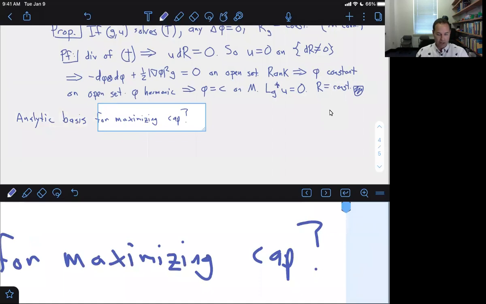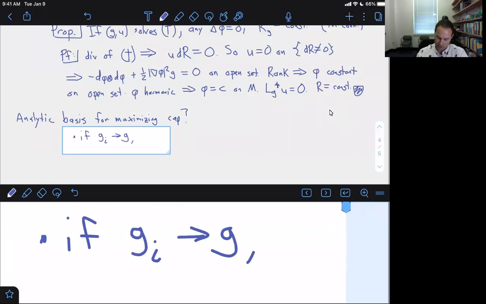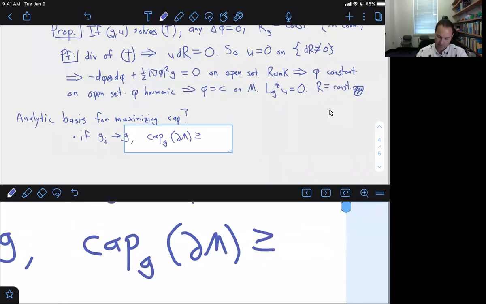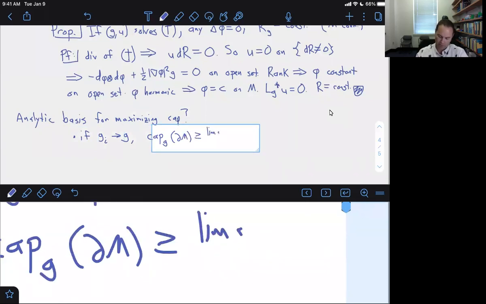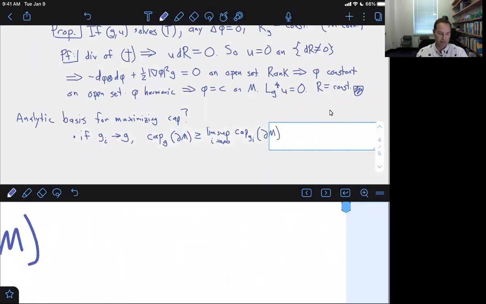So what you really want is the capacity to be upper semi-continuous. So the question is if g_i goes to g, is it true that the capacity at the limit is bigger than or equal to the lim sup of the capacities? That's the direction you'd want things to go if you're maximizing.